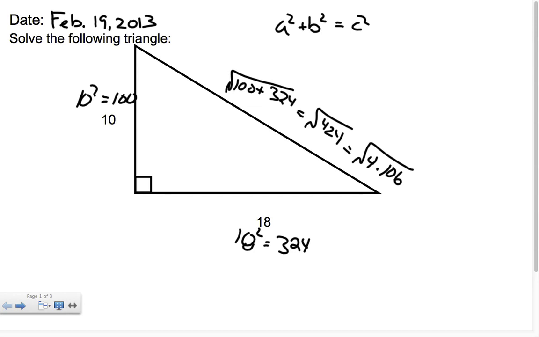So the square root of 4 gives us 2. Square root of 106. We can't do anything with the 106. Okay? So that gives us the length of that side.